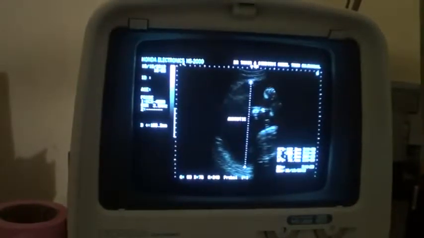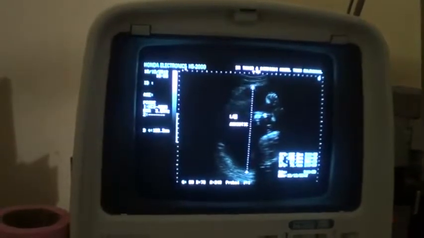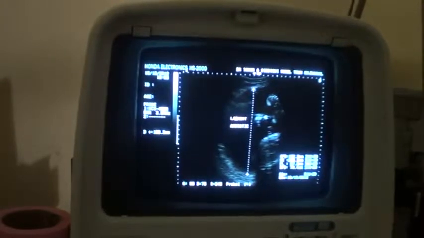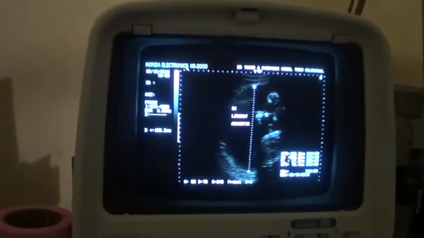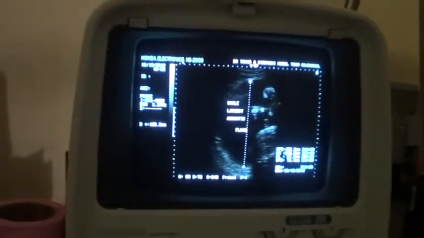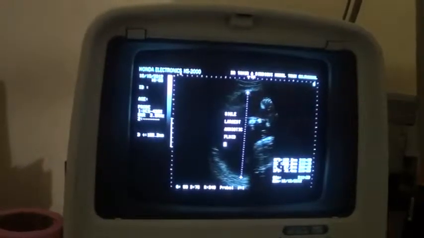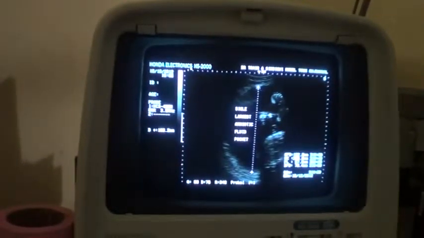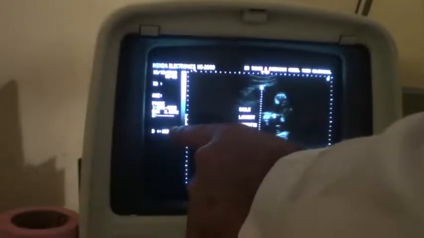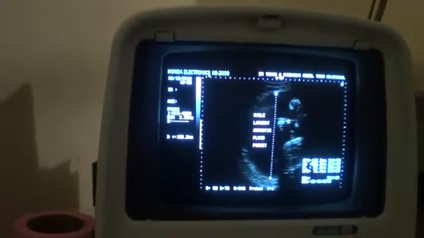This is the largest single amniotic fluid pocket, and you see it measures 18.8 centimeters and is fulfilling the criteria of polyhydramnios.